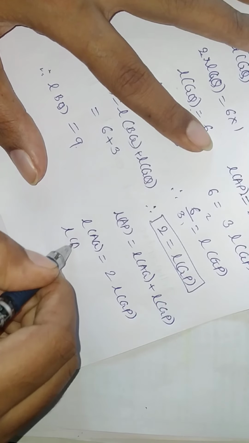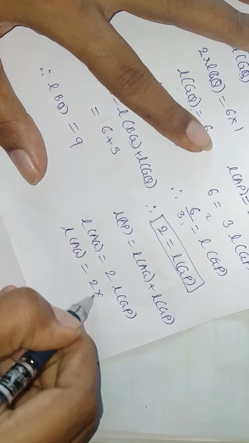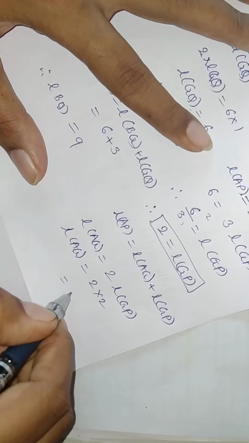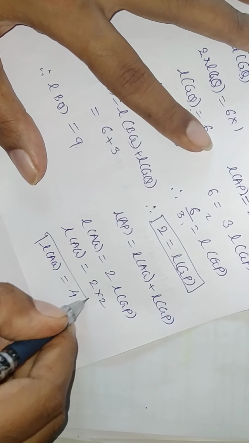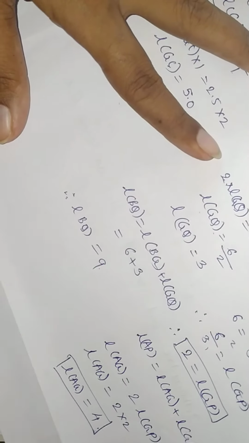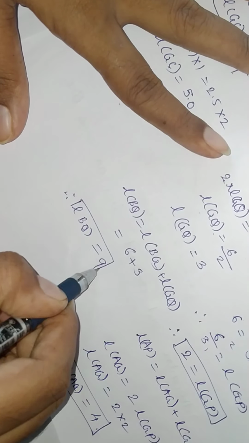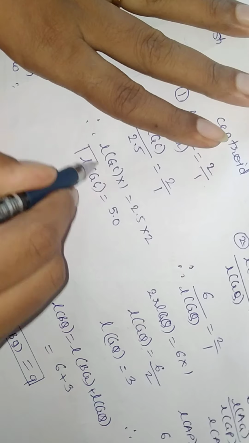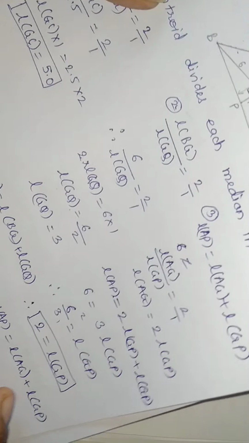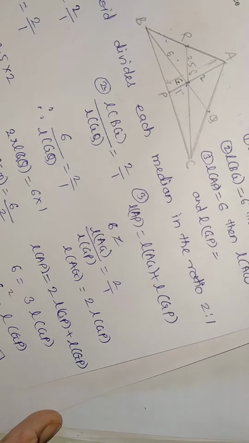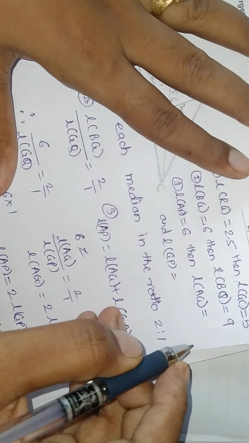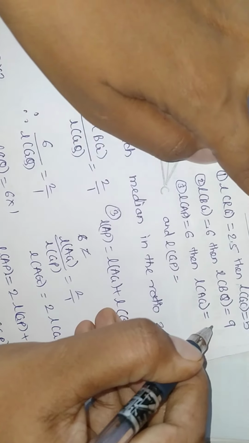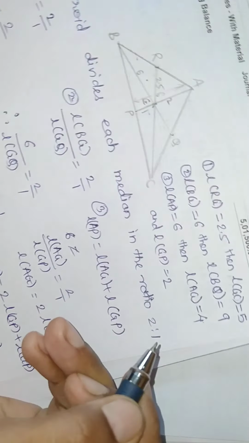So length of AG is equal to 2 into 2 is equal to 4. Length of AG is 4. Here we can write AG is 4 and GP is 2.